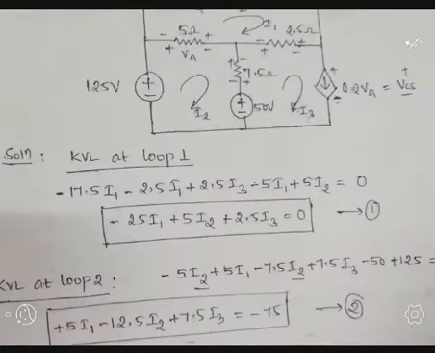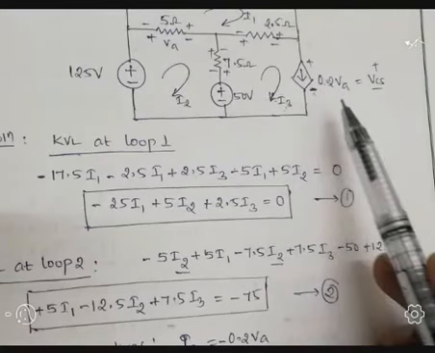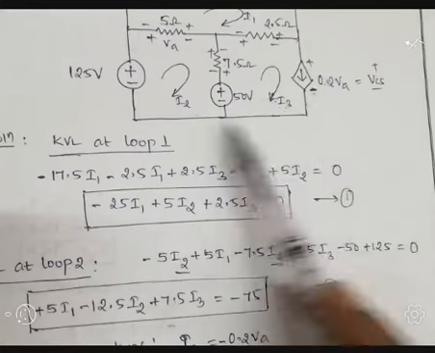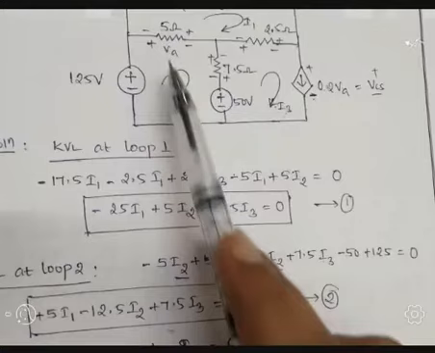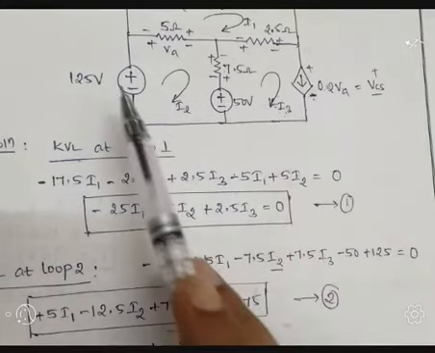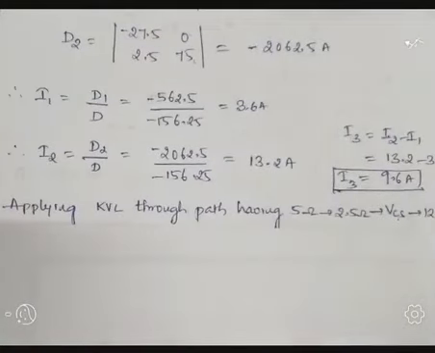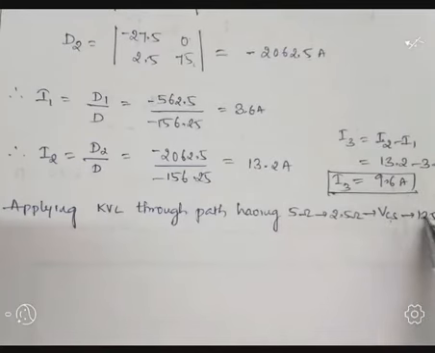Observe here: VCS, 5 ohm, 2.5 ohm, and 125 volt source. So this outer loop we are applying. This branch, this branch, this branch, and this branch. Hence, apply the KVL to the path 5 ohm, 2.5 ohm, VCS, and voltage source 125.